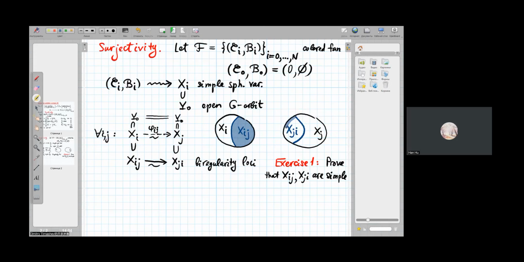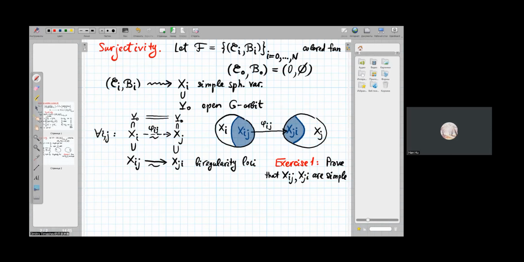Again, I'll paint them in blue. And these two pieces are isomorphic under the map phi ij, from here to here. Okay.